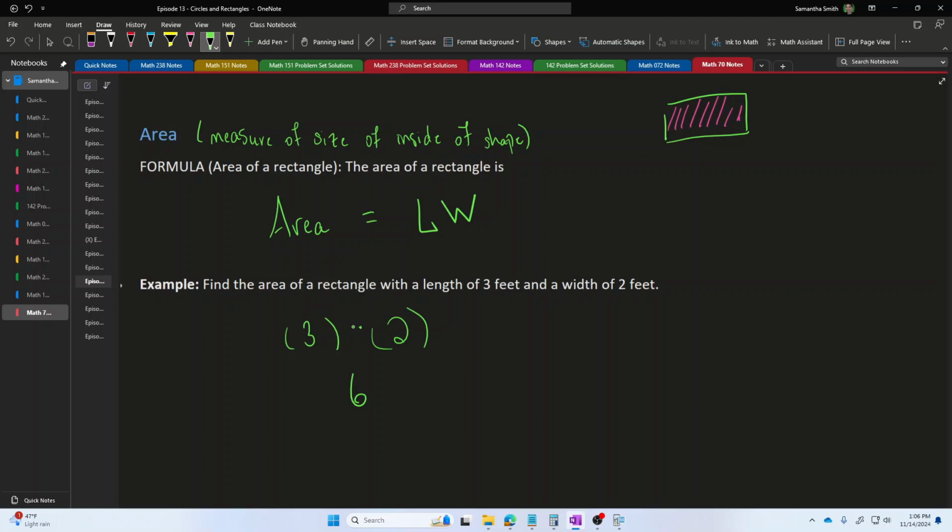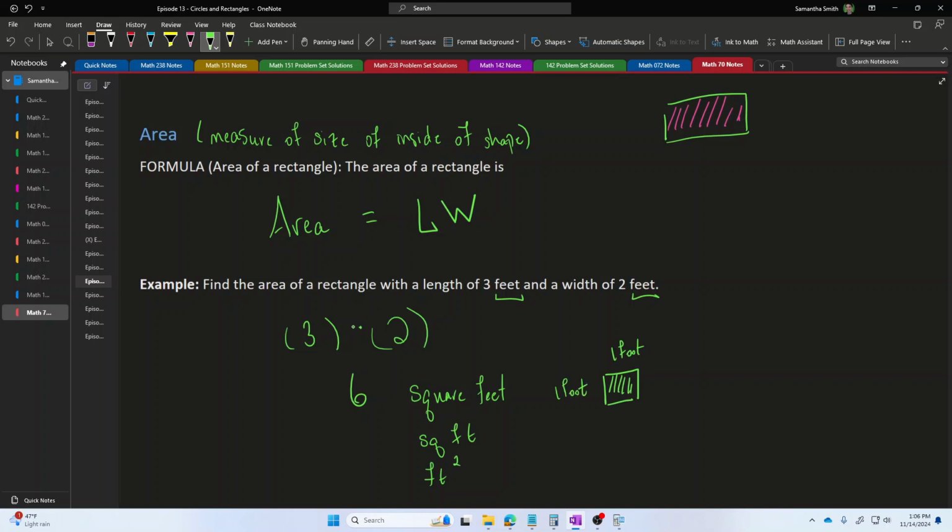And the units that we use for area are what are called square units. In this case, it would be square feet. You might also see this as SQFT or FT squared. And a square foot is just the size of a square that is 1 foot by 1 foot.